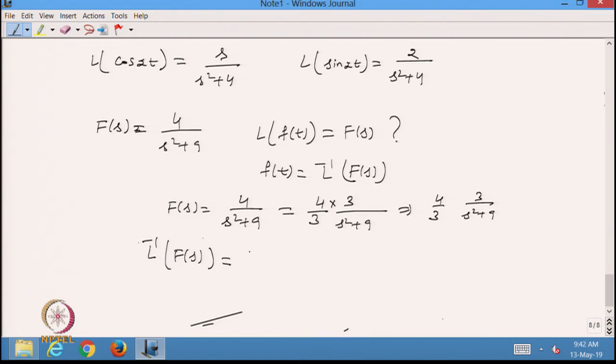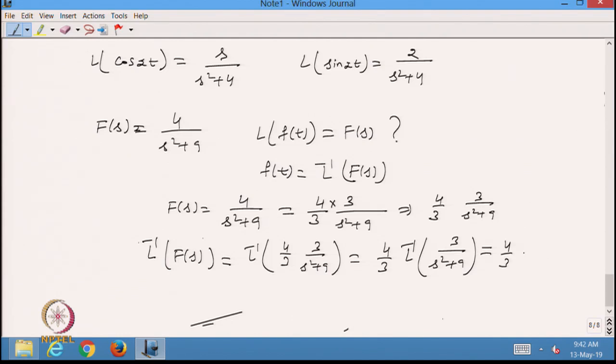So, this will be L inverse of 4 by 3 times 3 over s square plus 9, and this 4 by 3 I can take common. So, I want L inverse of 3 over s square plus 9. If I define this one, this will be equal to 4 by 3 times sin 3t.